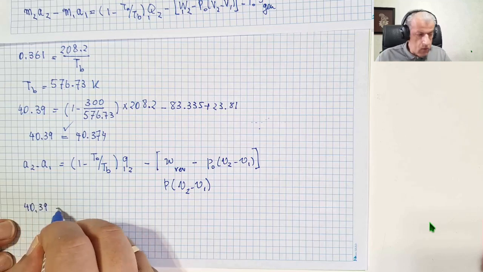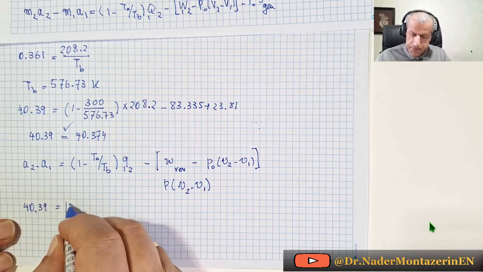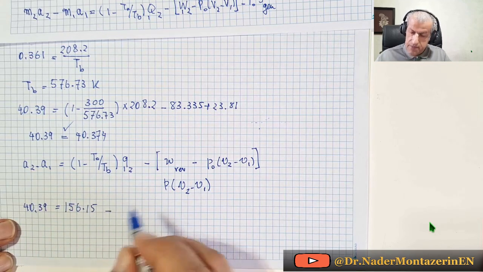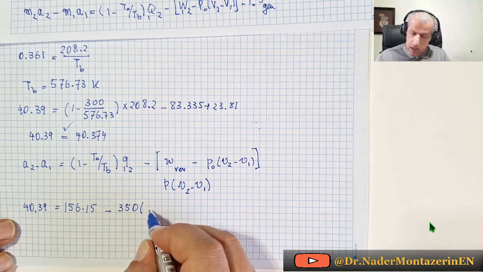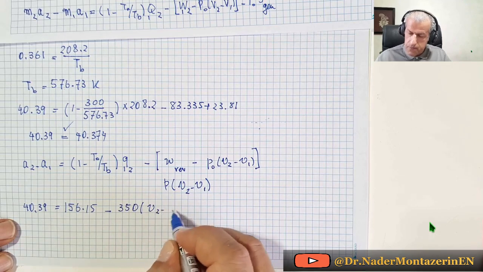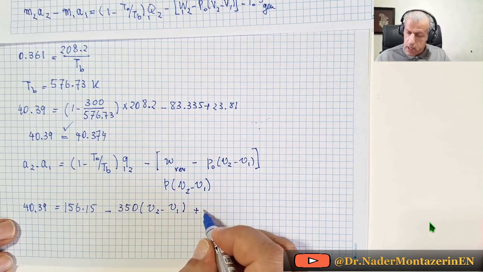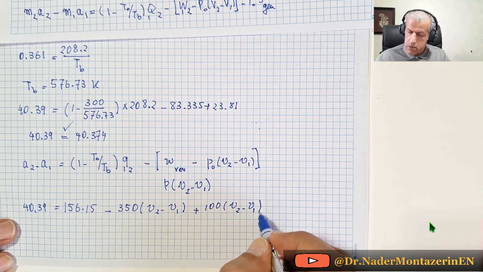So 40.39 would equal this term, which is 156.15, minus 350 times V2 minus V1 and plus 100 times V2 minus V1.